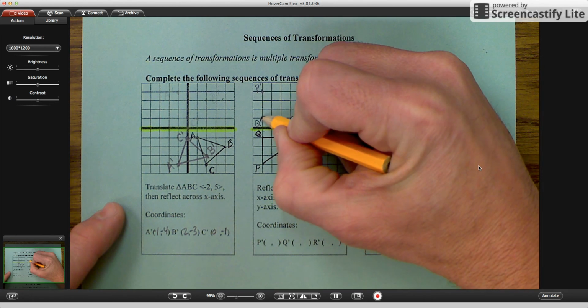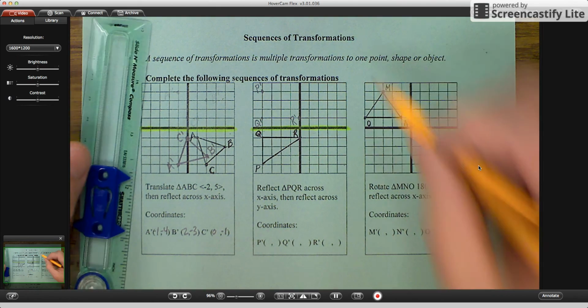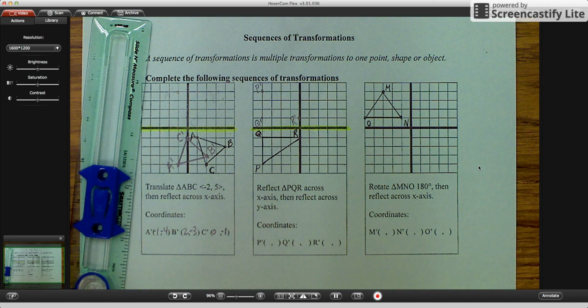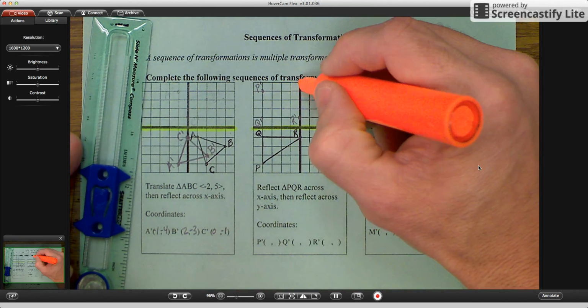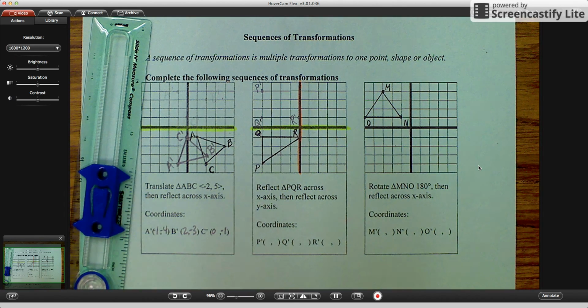Okay. And then what's our next one? I'm just going to put the coordinates. And our next statement says, then reflect across the y-axis. So I'm going to take out a different color highlighter, and I'm going to identify our line of reflection there.